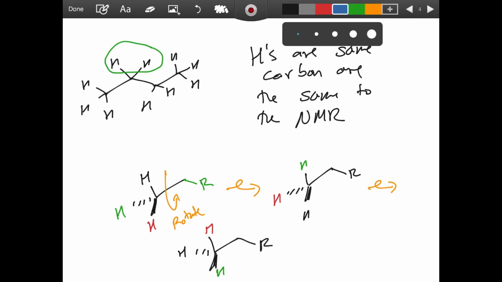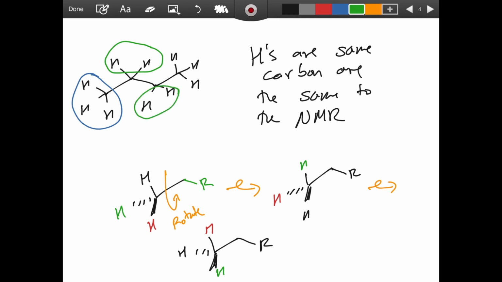And then a CH3, the NMR sees these as being the same. But like we talked about a second ago, because of symmetry, the NMR actually sees these 1, 2, 3, 4 hydrogens as being the same, and these 3 hydrogens and these 3 hydrogens, those as being the same because of symmetry.